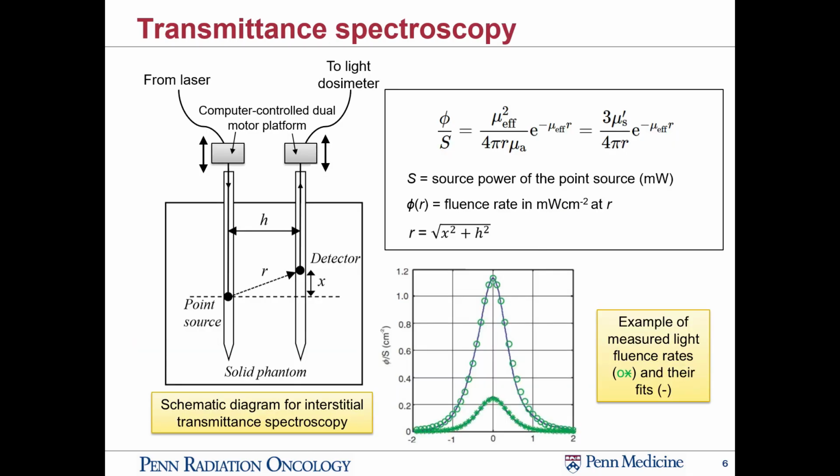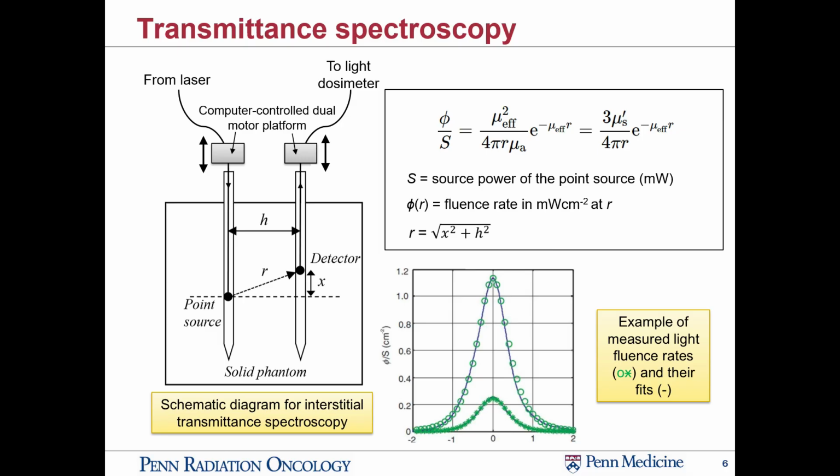The transmittance spectroscopy that we use is by introducing interstitial fibers into the phantom, and then we introduce a point source. Then we have another detector, which is an isotropic detector. You can move it at different distances from the point source. So you will get a profile like that.